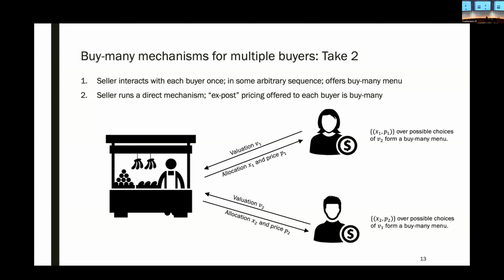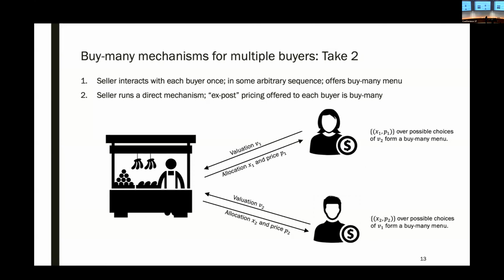The pair of allocation and pricing must satisfy the property that if I fix the value V2 of the second buyer and look at the effective menu that's offered to the first buyer as a function of their valuation, this should be a buy-many menu. And this should happen for every valuation of the second buyer. And same for the second buyer: for every possible choice of V1, the menu I offer to buyer 2 should be a buy-many menu.